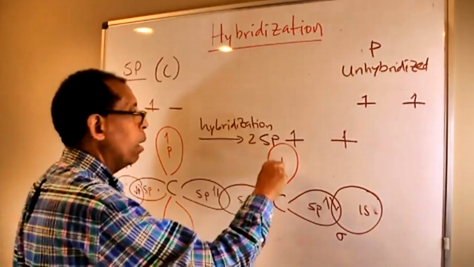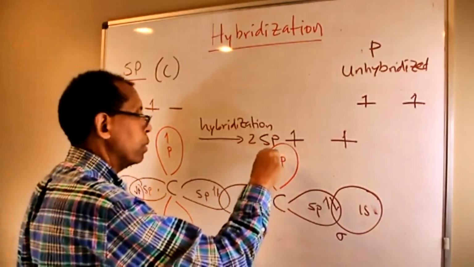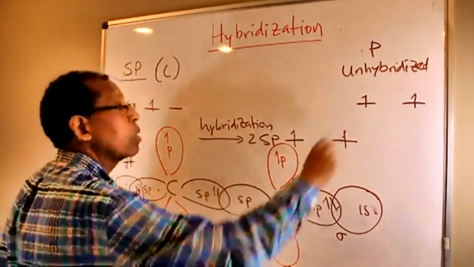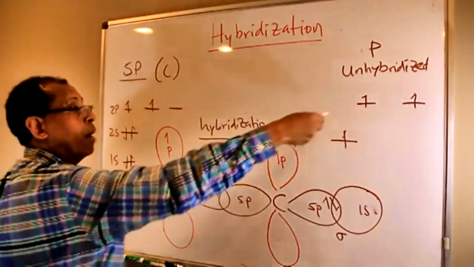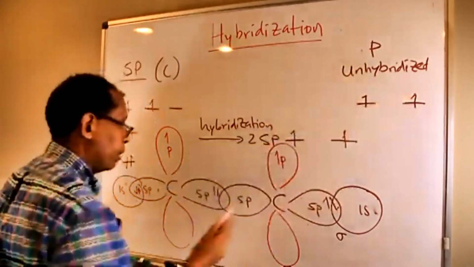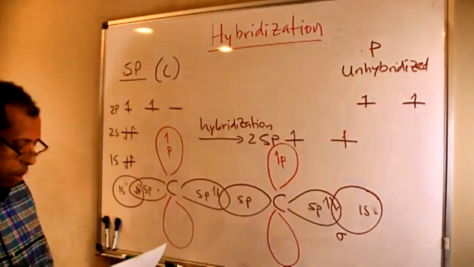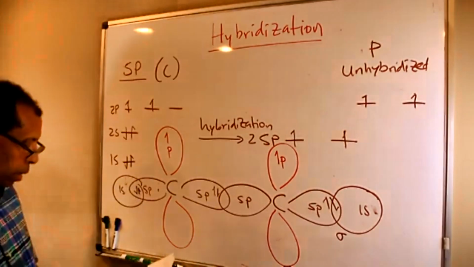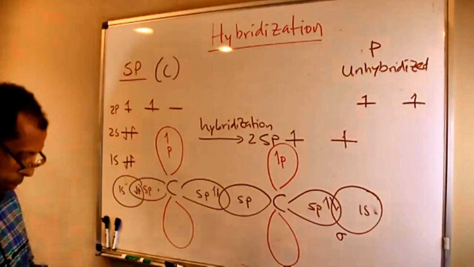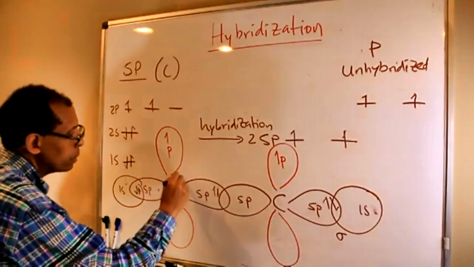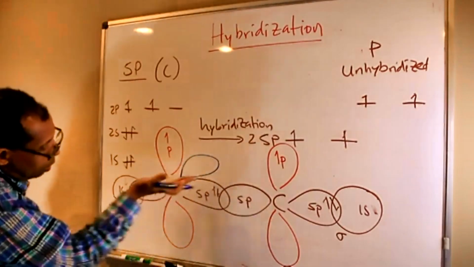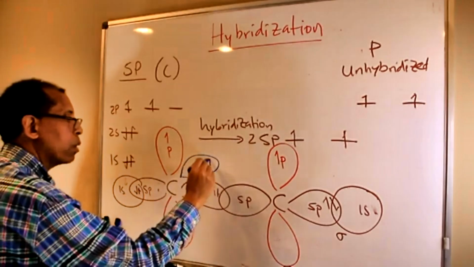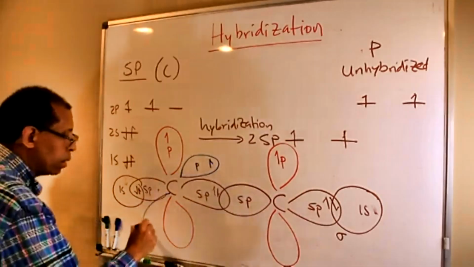So each one of them has 2, so they would have 4 of them in total. Now the other p orbital is 90 degrees to the first one, with one electron here.